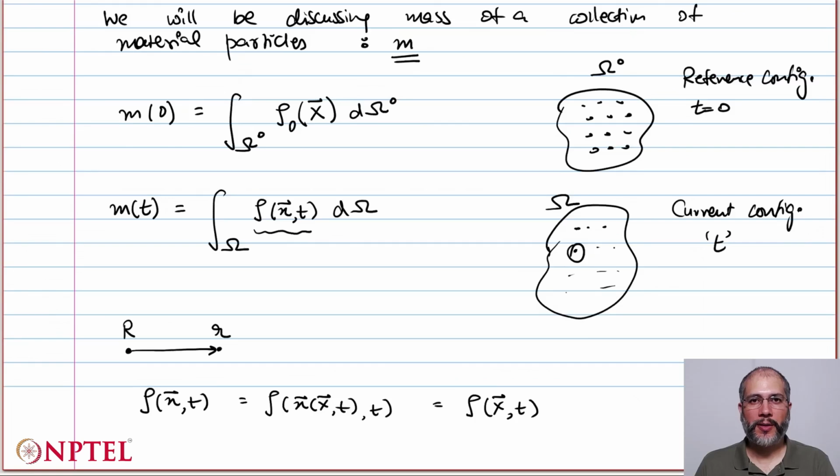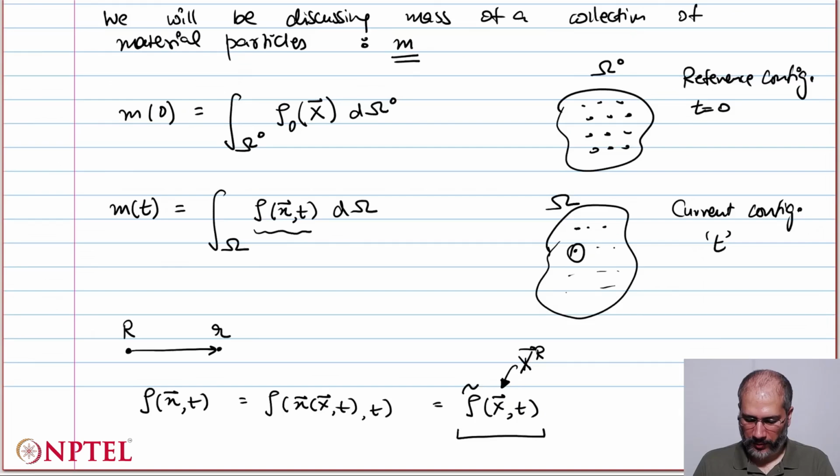Since this is a different function, I'll put a tilde here. This function will explicitly tell us, if I specify, for example, the capital X for the material particle r here, I can track the density of that particle using this rho tilde function.